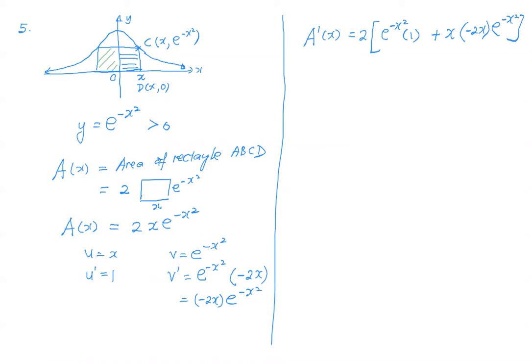Okay, take out the common factor first. Equate equal to 0. 2e to the power negative x squared equal to 0. This one, no solution.